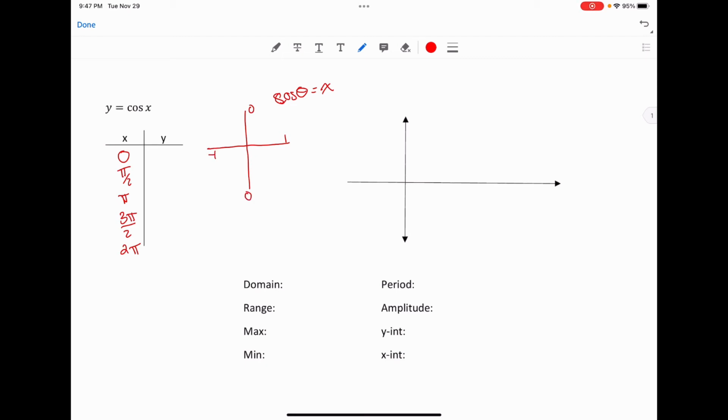So this looks more like 1, 0, -1, 0, and 1. So if I draw that out, pi over 2, pi, 3 pi over 2, and 2 pi, 1 and -1. Now my first point is up there, and then I cross the x-axis, and then I'm down at -1, and then back at the x-axis, and then back at 1.